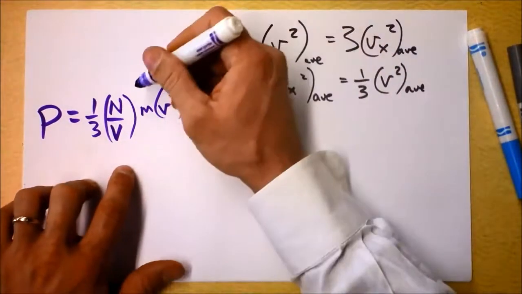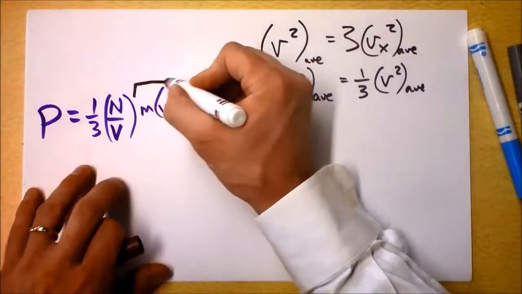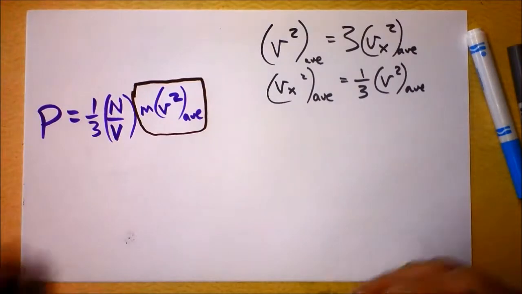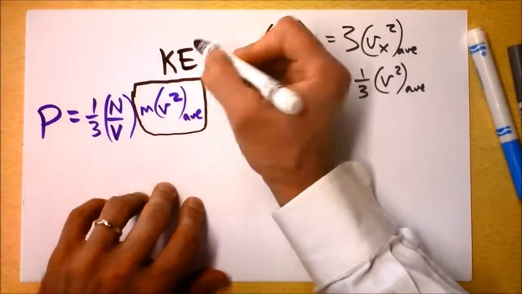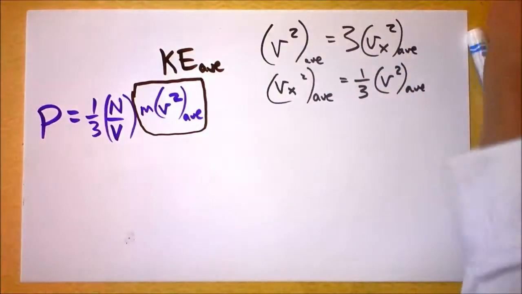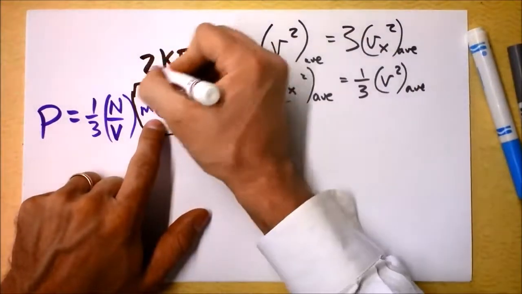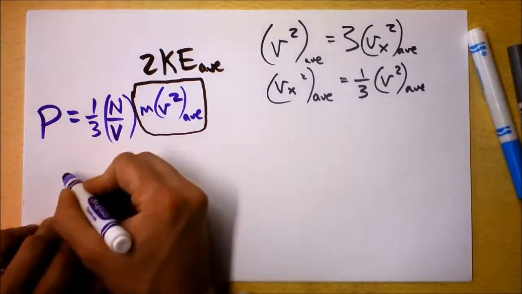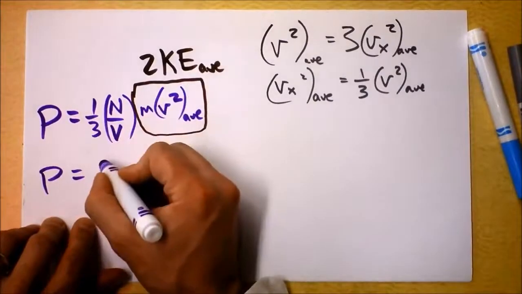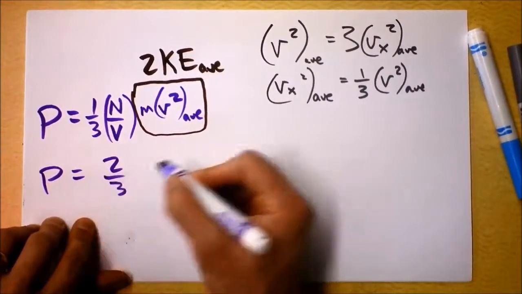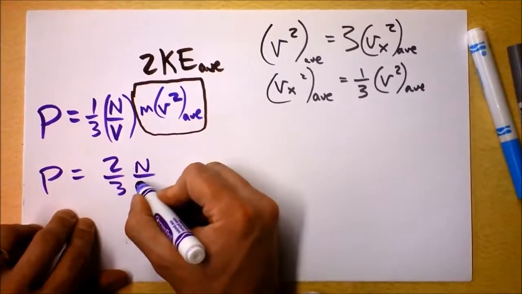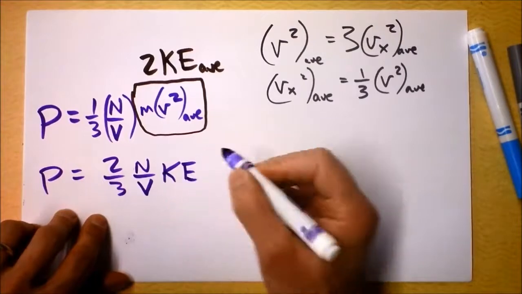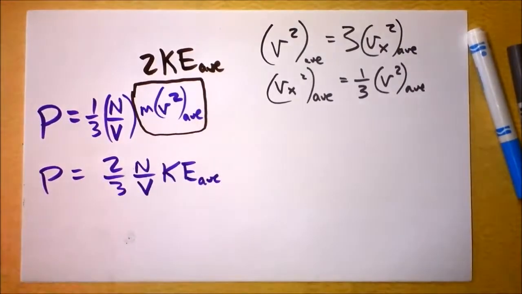But this right here, we can identify what this thing is. mv square, well, that's related to the kinetic energy. Is it the kinetic energy average? No. How is it related to the kinetic energy? Well, it's twice it. All right, super. So now I can say, oh boy, this is getting even better. Watch this. Pressure is 2/3 N over V times the average kinetic energy of a particle.